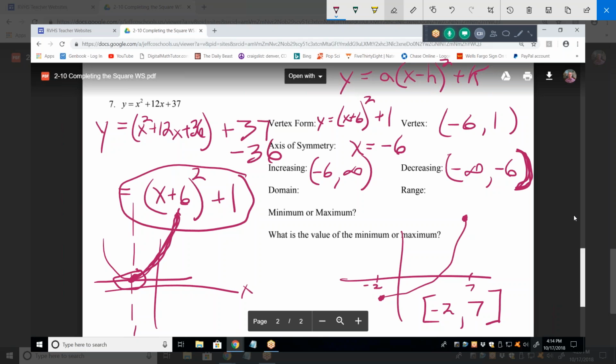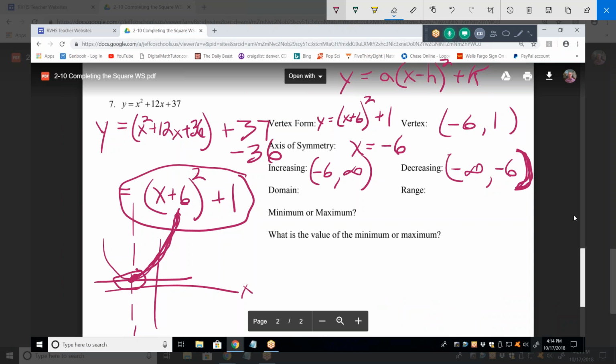How about domain? Let me erase my other picture here. What's the domain? Domain on all of these quadratics is always the same: negative infinity to infinity. And the range is 1, with a bracket, to infinity, because these are y values, not x values.